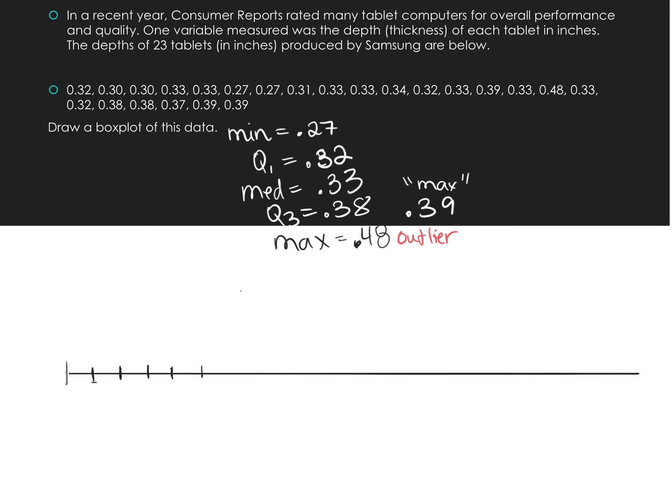Wait, are we doing from 0.27 to 0.48? Yeah. No, you're not going to skip. It has to be a number line. Okay, I mean you can skip labeling. You don't have to label every single number, but it has to be a number line.